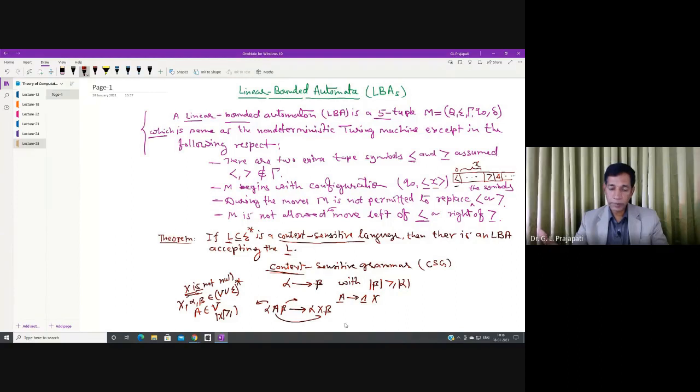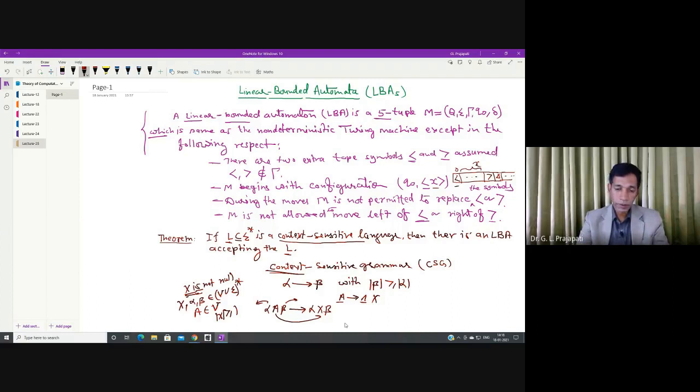X can be a single variable, or a string of variables, or a string of terminals, or a string of non-terminals and terminals both, but X cannot be null.